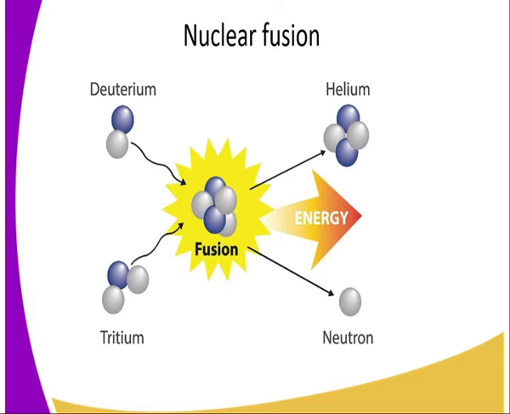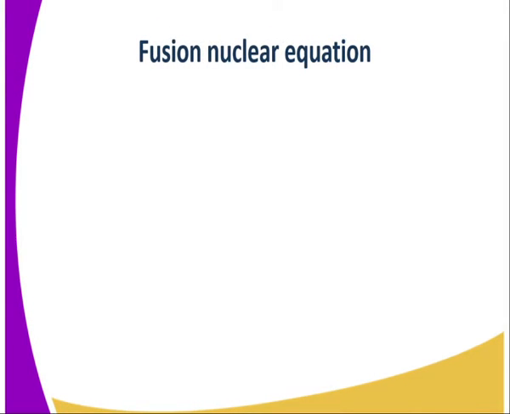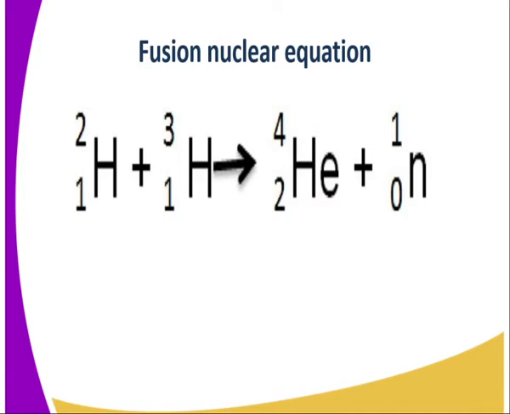So how do we represent this in a nuclear equation or reaction? So we have tritium, a hydrogen isotope, and deuterium. The two, when they are fused together, give us a helium nuclide, which is a new stable atom, and there is production of a neutron.